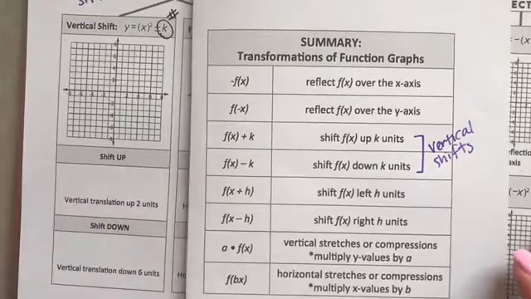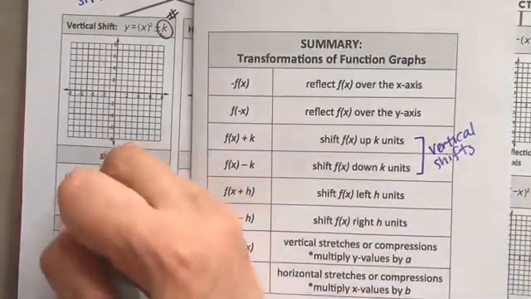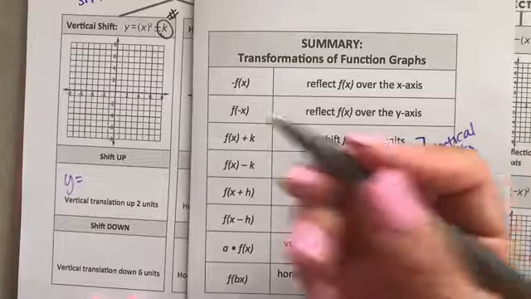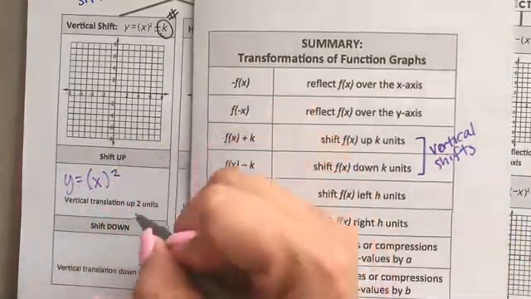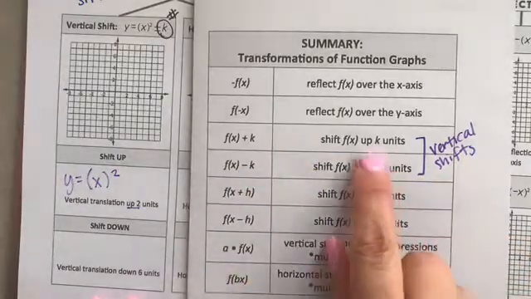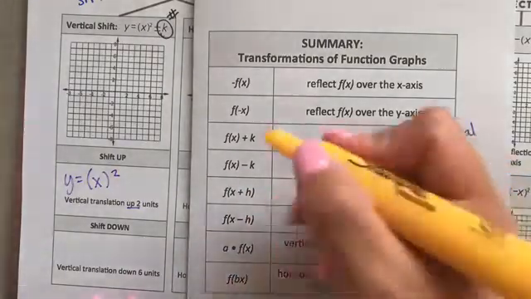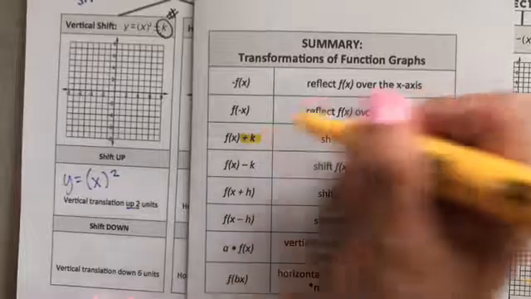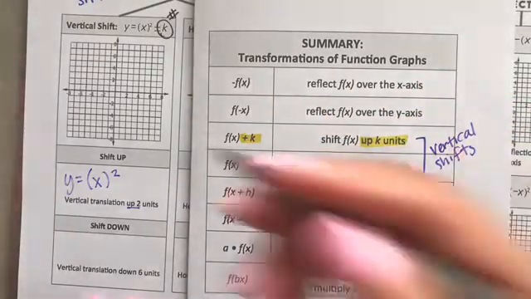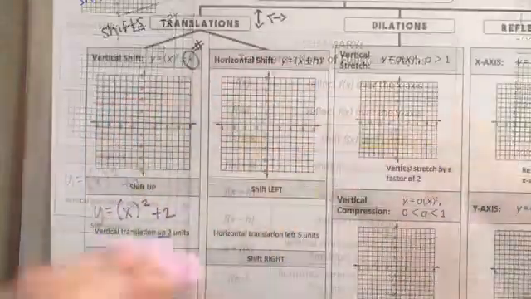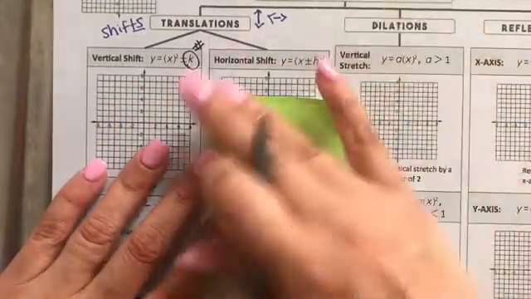The shift up is going to be y equals x squared plus 2, up 2 units. When you want to move something up, you're adding the plus 2.